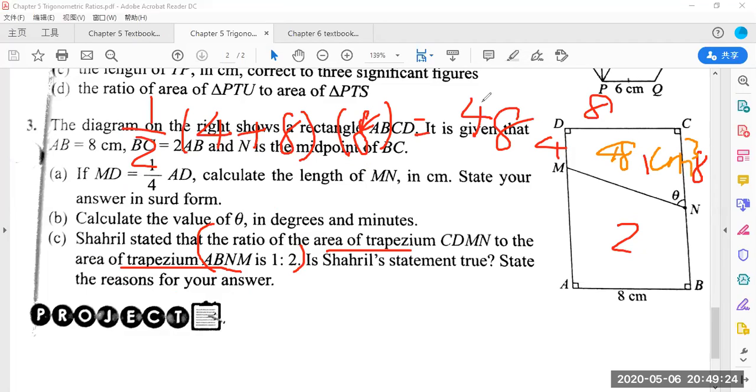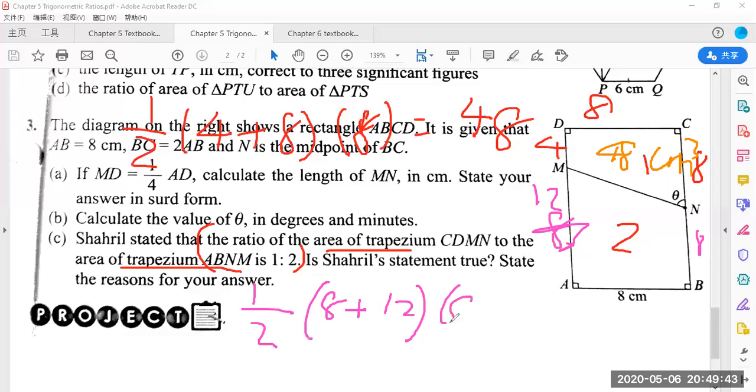Then we calculate the second one. 12. So this one is 8, this one is 8, this one is 12. So 8 plus 12, multiply 8, right? And then A, B divided by 48.